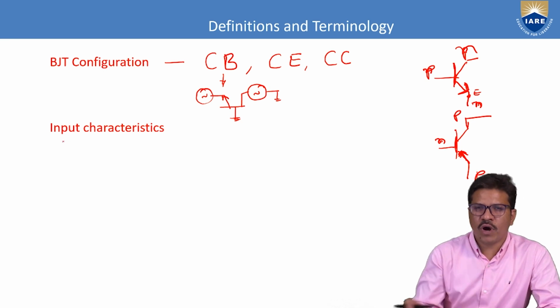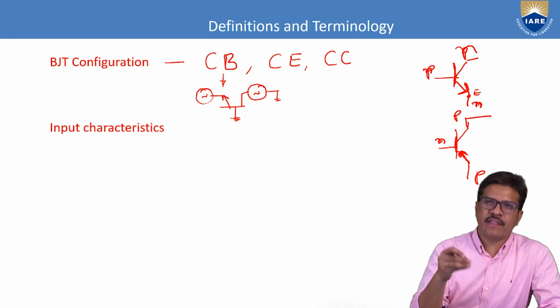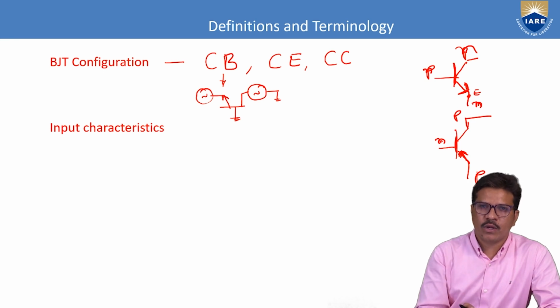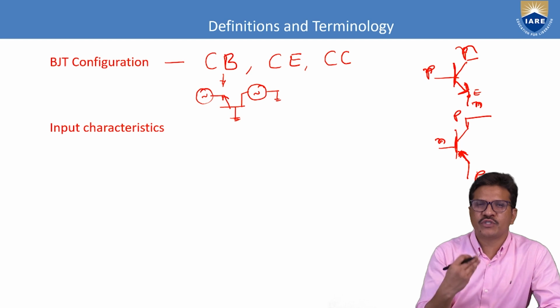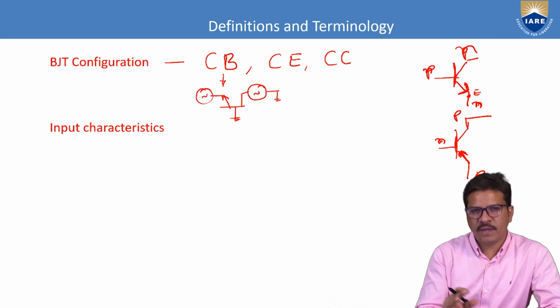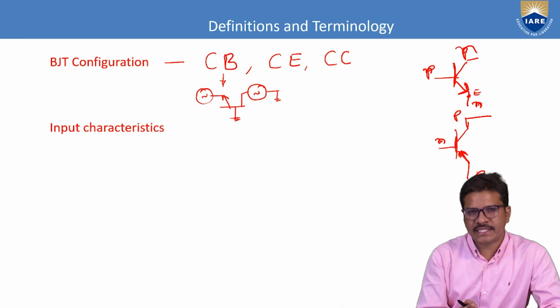And if we want to understand the behavior of a transistor connected in common base, common emitter, or common collector, we have to take two characteristic curves from which we can get the behavior of the BJT transistor.